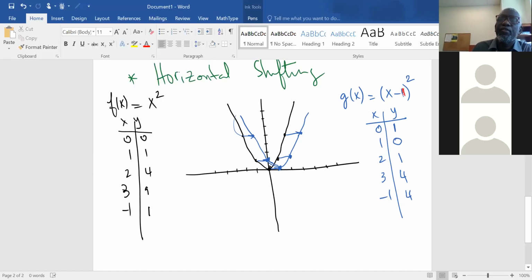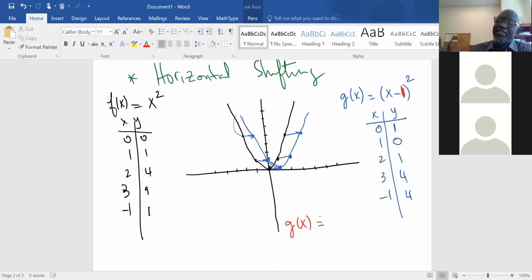But look, now, can somebody tell me how we can express g in terms of f? What is the relationship between g of x and f of x? They're both squares, right? Can somebody tell me the relationship between g of x and f of x? g of x would be f of x minus 1.